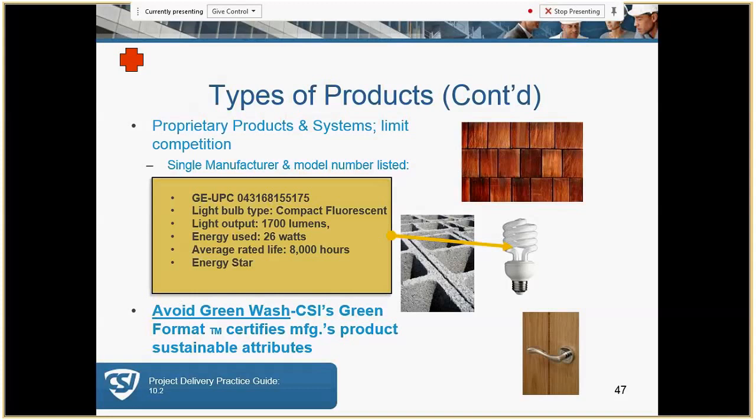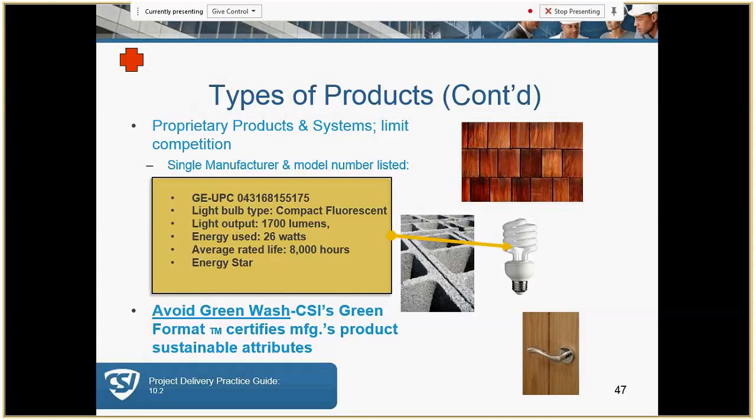Again, we need to look at this in a positive light, that if you have a large facility, it's actually sustainable to limit to a proprietary product because it is saving the owner in terms of replacement costs.